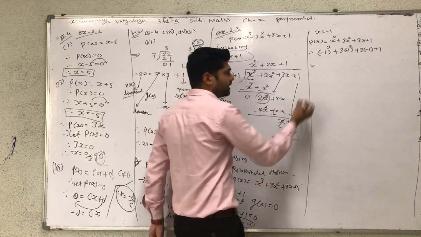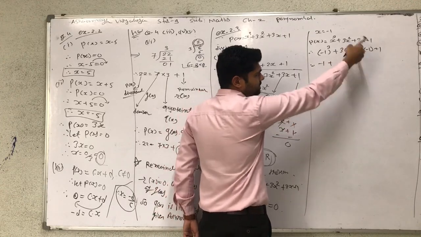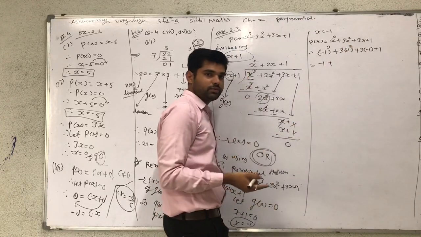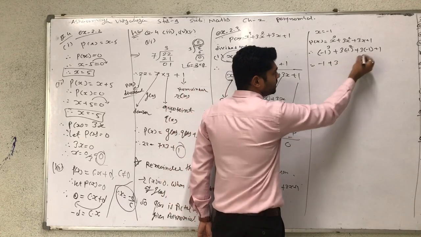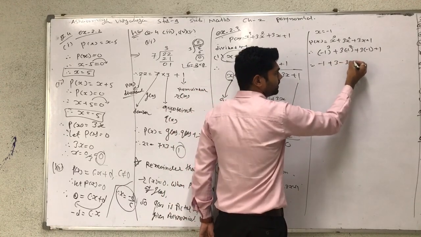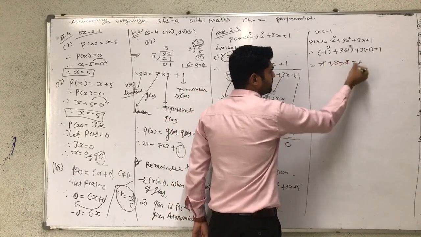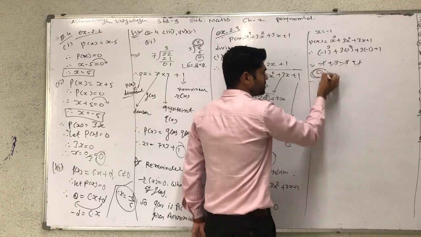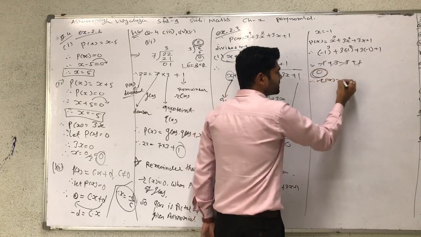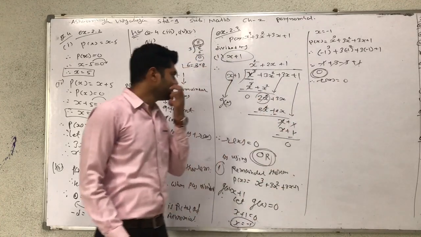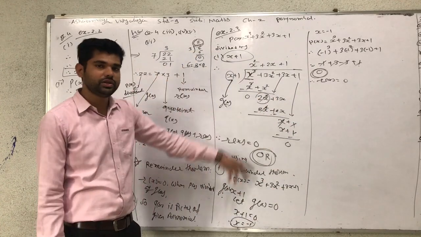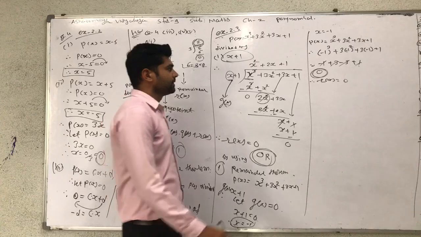Minus 1 cube, answer is minus 1. Minus 1 square, positive 1 multiplied by 3, therefore 3, plus minus 3, plus 1. So this cancels, answer is 0. So the remainder r of x equal to 0. This is the second method. Both methods are right and you can solve using any one method.